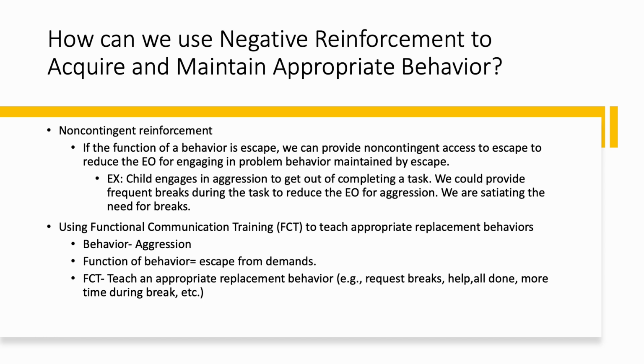So if we were using non-contingent reinforcement for behaviors that are negatively reinforced, this would look like providing escape every 2 minutes, right? Let's say you have a client that engages in aggression to get out of completing tasks, then we could provide breaks every 2 minutes, so that there's a diminished EO for engaging in aggression. There's no need to engage in escape maintained behaviors because we are providing escape non-contingently, independent of behavior.